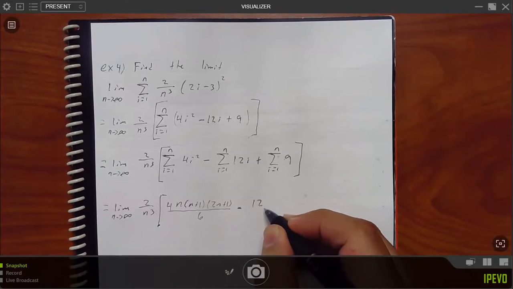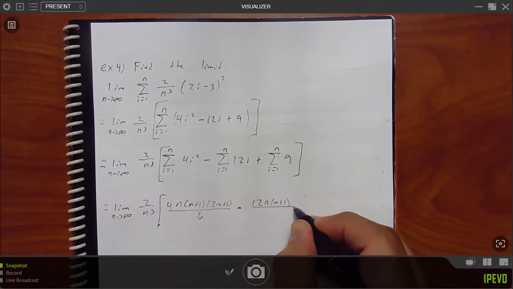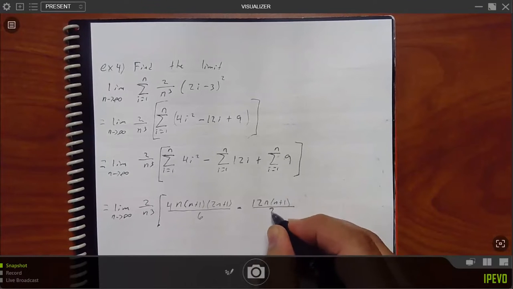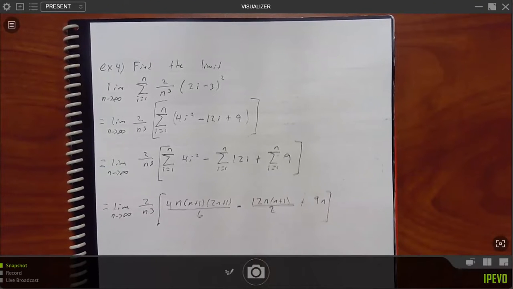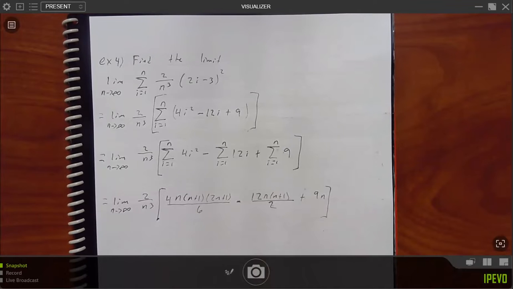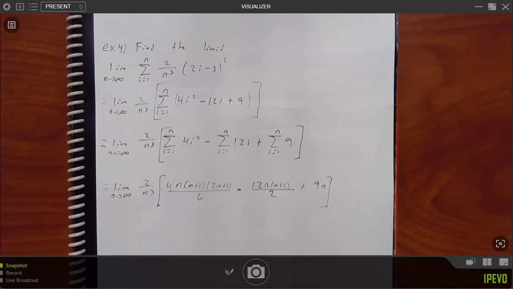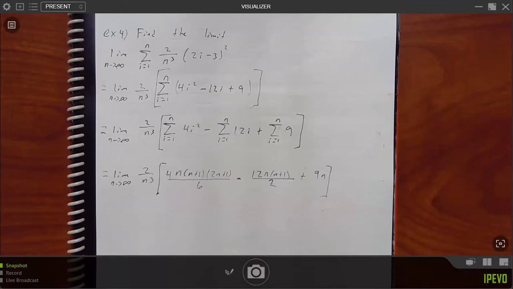So 12 times n plus 1 over 2, plus 9n. That okay so far? It was only 9, because it doesn't have an i, right? And that's why it's just 9n. Yeah, it's the first formula I gave you. Remember the cn?